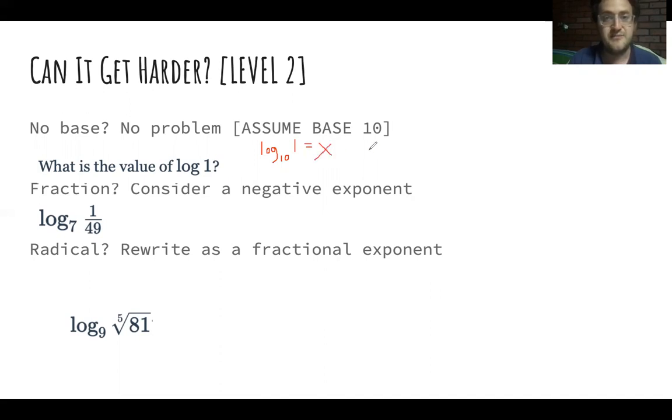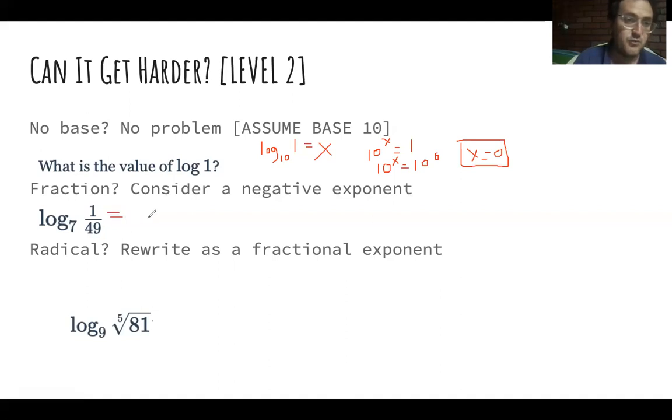And this basically just says 10 to the x equals 1. And we know that any number to the 0 is equal to 1. So we're just going to say that x is equal to 0. Sometimes we have a situation where we have negative exponents.